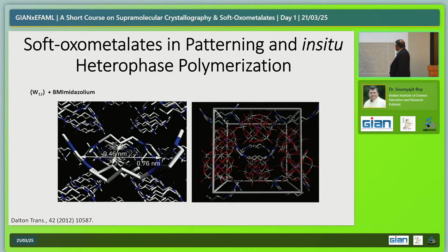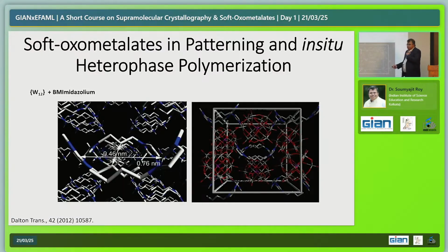conventional conditions. And what we also found in this type of reactions is that you have these closed, elliptical pockets of butyl methyl imidazolium, which have a diameter of almost around 1 nanometer and a width of around 0.46 nanometer.